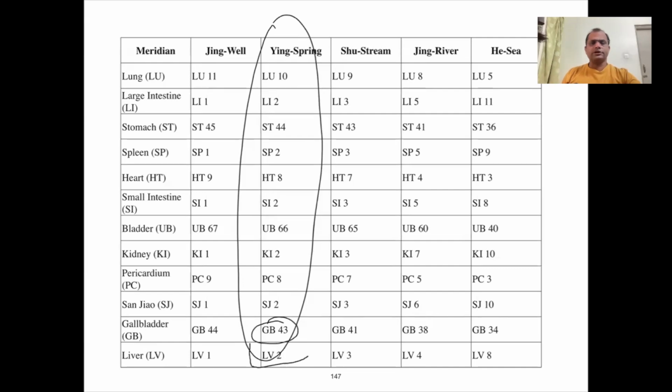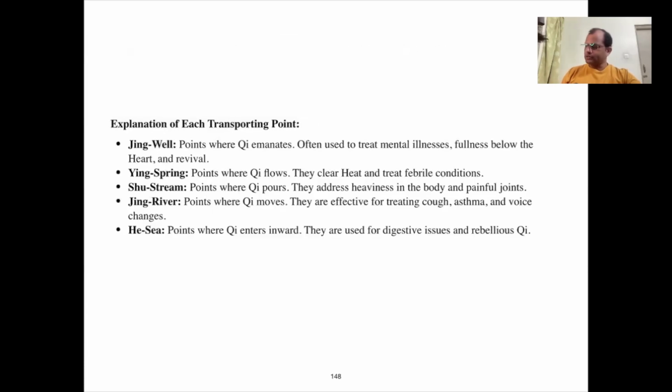In this way, heat in the urinary bladder, UB 66. So the second point, the Ying spring point, is a very good point. They will clear the heat and we are using them in febrile conditions. We can use them in fever conditions.